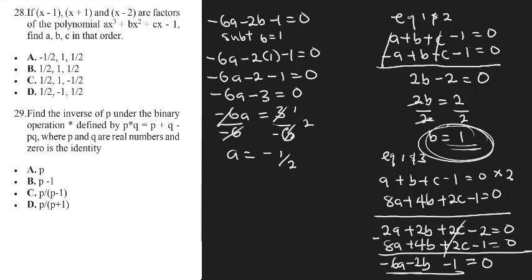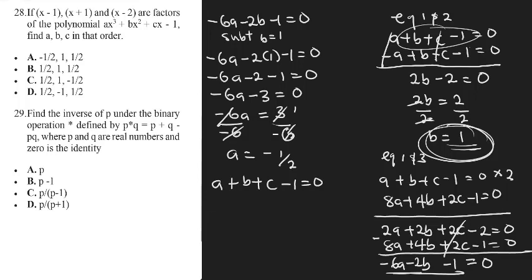So in order to get c, because we've gotten b and a, you can use any equation to substitute. You can use our equation 1. So it's going to be a + b + c - 1 = 0.